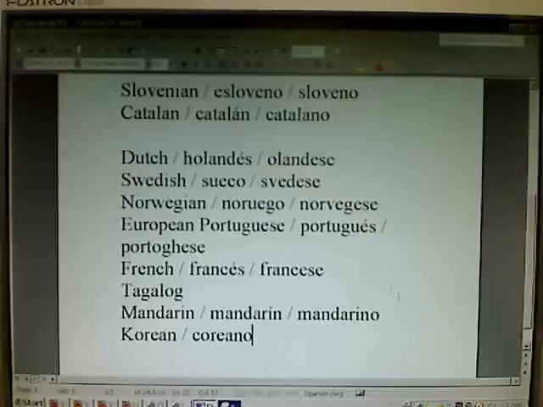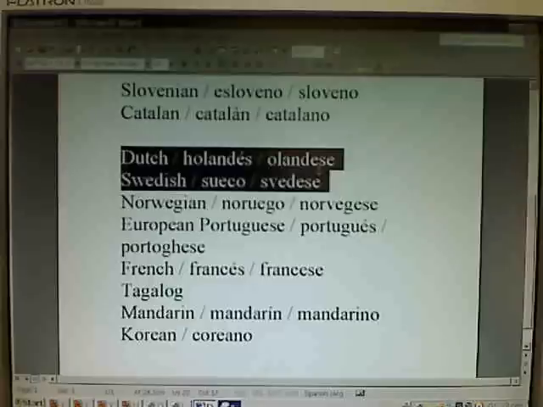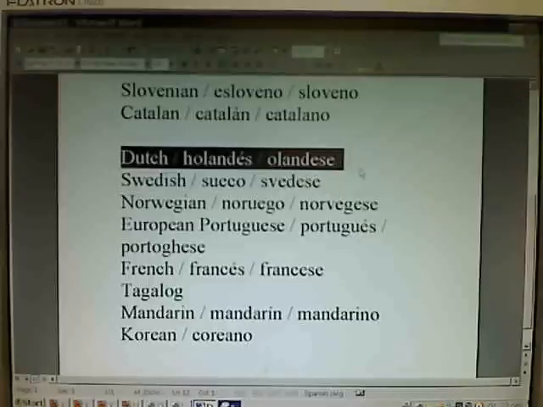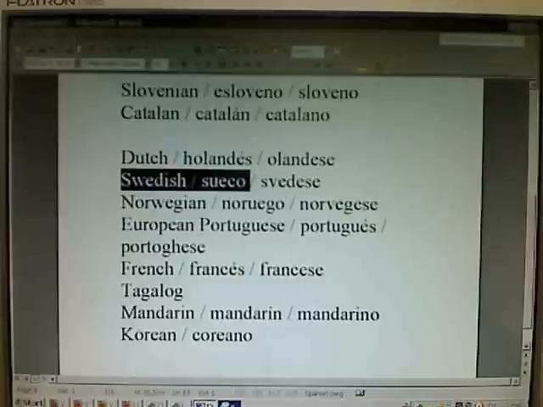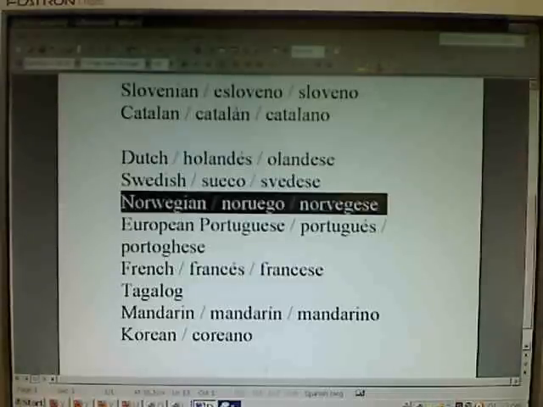I would like to study a second Germanic language, either Dutch, Hollandese, because I like the sound of it and I find it interesting, or one out of Swedish, Sueco, Svedese, or Norwegian, Noruego, Norvegese.